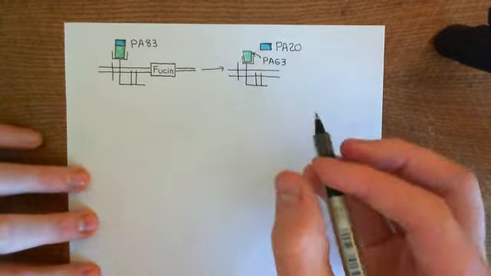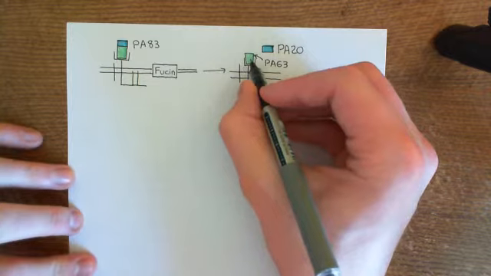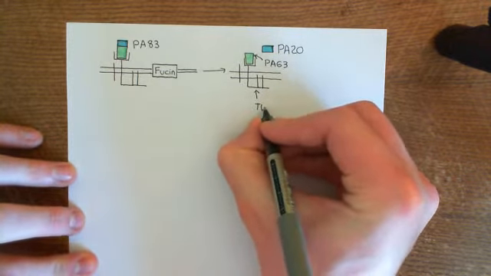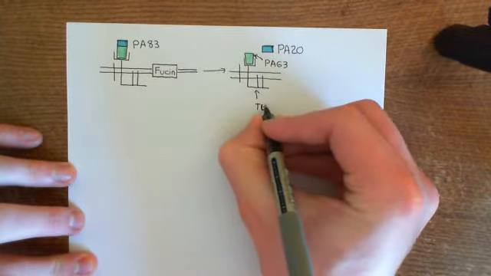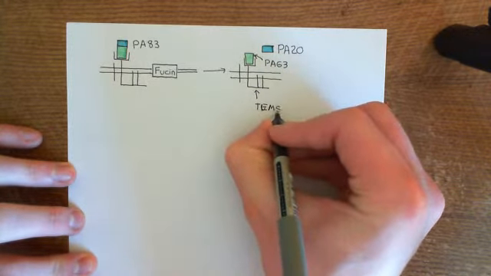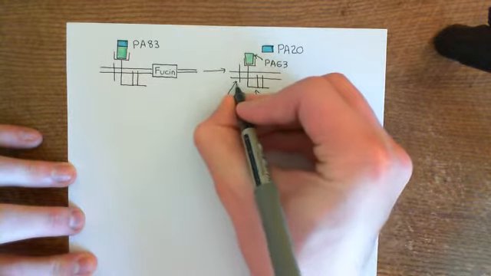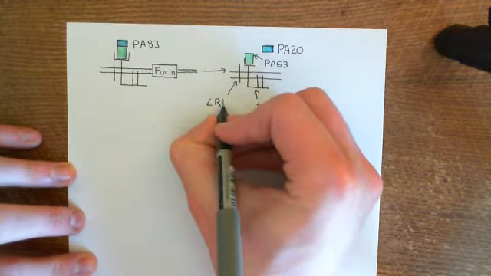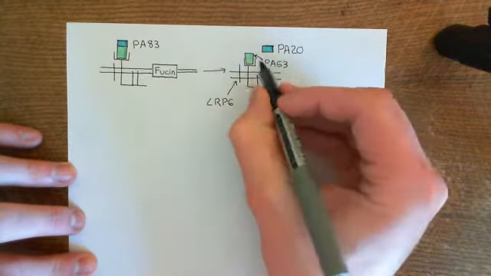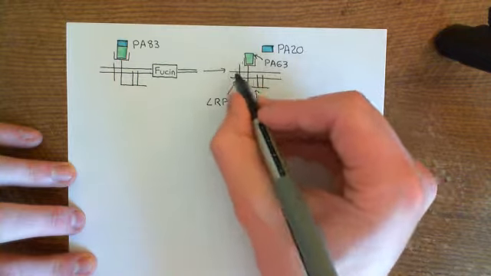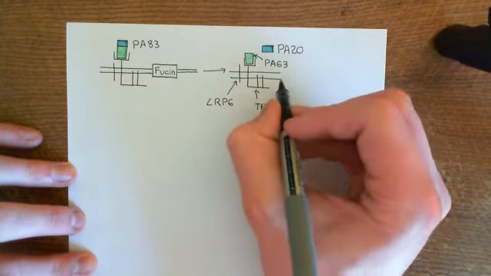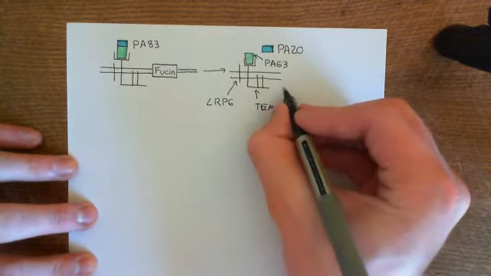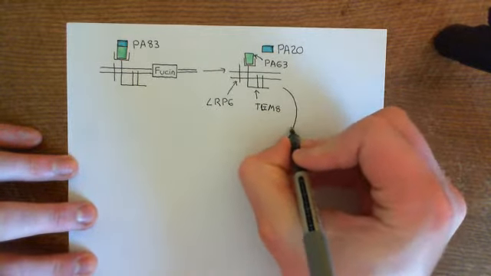Right, now, once you've got this complex of protective antigen 63 with the tumour endothelial marker 8, nearly said TUM rather than TEM, TEM8, and then also the LDL receptor related protein 6, LRP6 here, what's going to happen is you're going to get multiple of these forming in the cell membrane, and they're going to start oligomerizing, they're going to start sticking together, and specifically they're going to stick together in groups of 7.